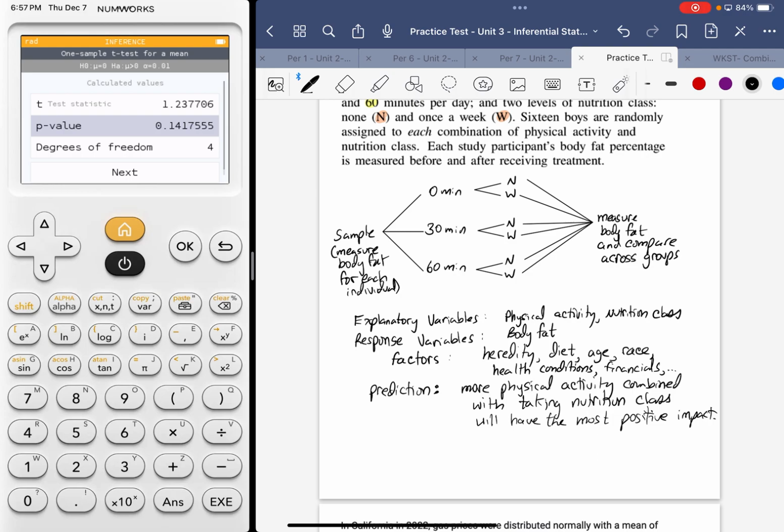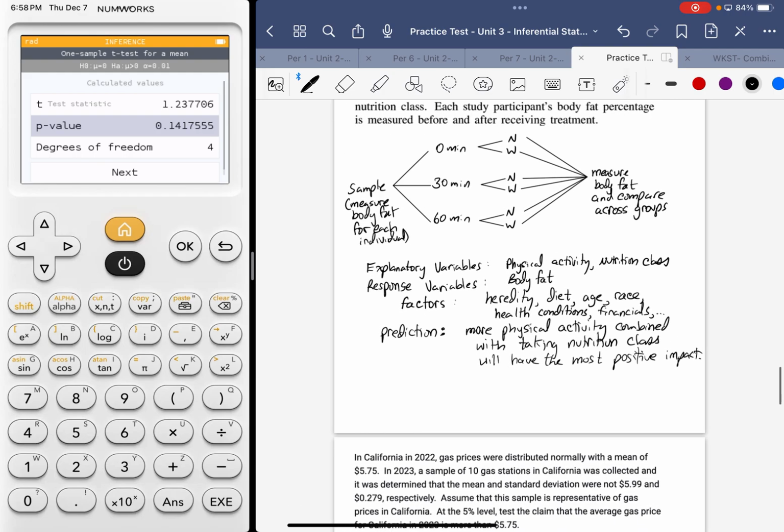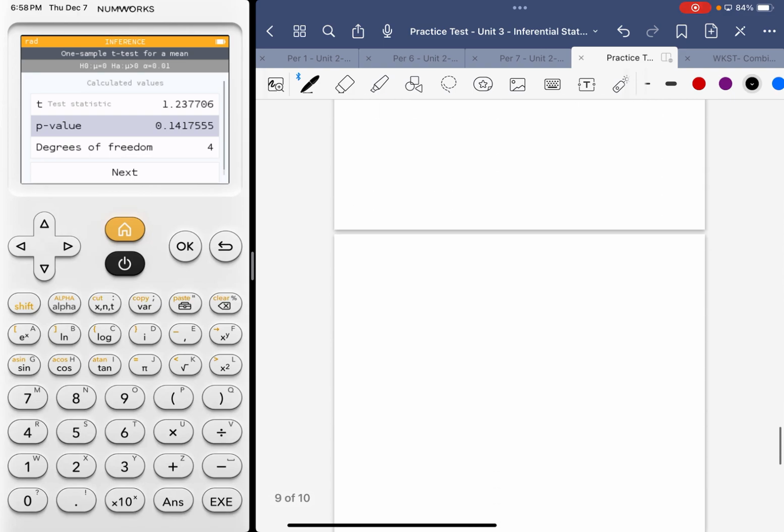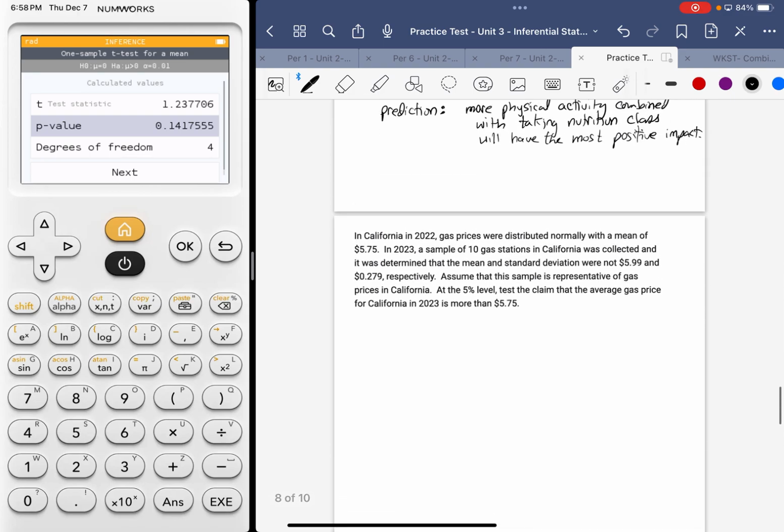Explanatory, response variables, factors. These are factors or other things that could impact the response variable aside from what the explanatory variables are. And then a prediction. You do those things, you get full credit. So you just need those two. All right, and then the last one, I think it's the last one. Yep. Number 12.